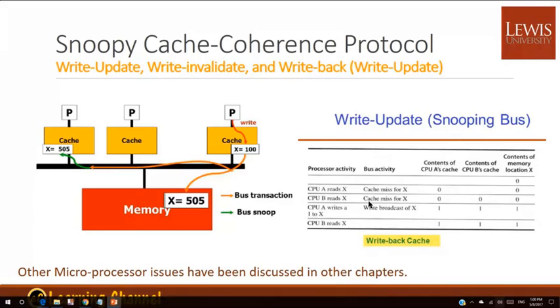Whether you use write broadcast, write update, write invalidate, or write back, it all depends on how you design the bus and when you should maintain the data coherence in the right way. This actually requires a whole chapter in microprocessor design. But the key point is we need a cache coherence protocol to make sure that the shared memory is valid. And nowadays, memory protocols are not easy, and no single protocol can implement it.